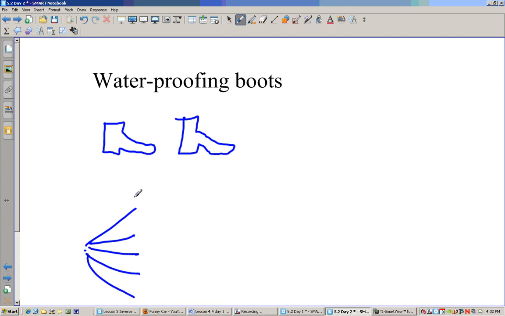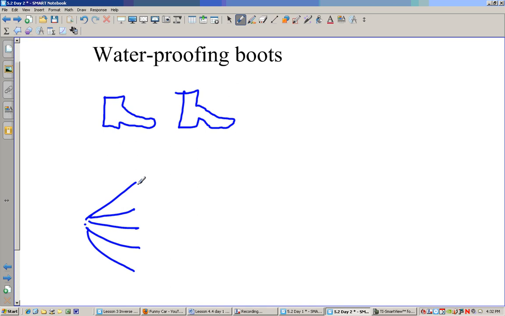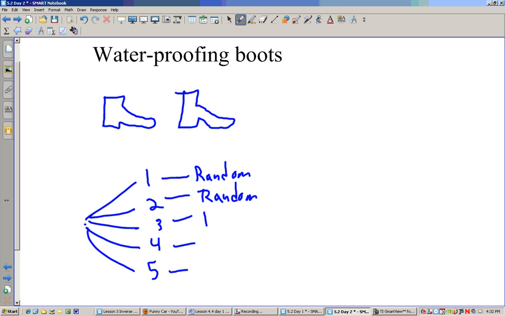Say you take 5 different groups and divide them up. So boots 1, boots 2, boots 3, boots 4, and boots 5. And then in each of these, we're going to randomly allocate. So randomly, we're going to choose which boot gets the treatment.